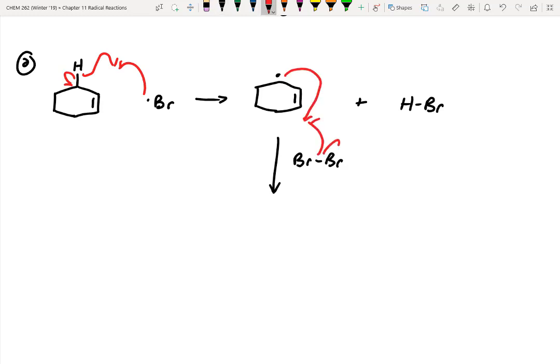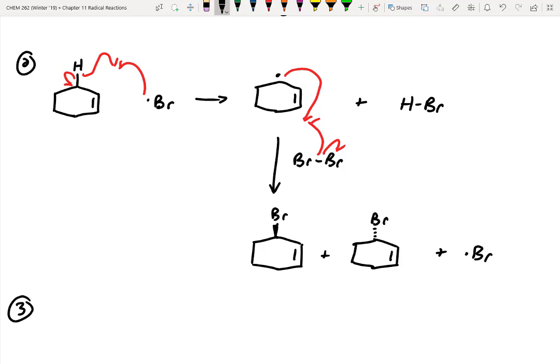It'll do a halogen abstraction, just like we saw before. This bromine can be installed on the top face or the bottom face. We know that we're going through a trigonal planar intermediate, so we would get these two products and we would regenerate our bromine radical.